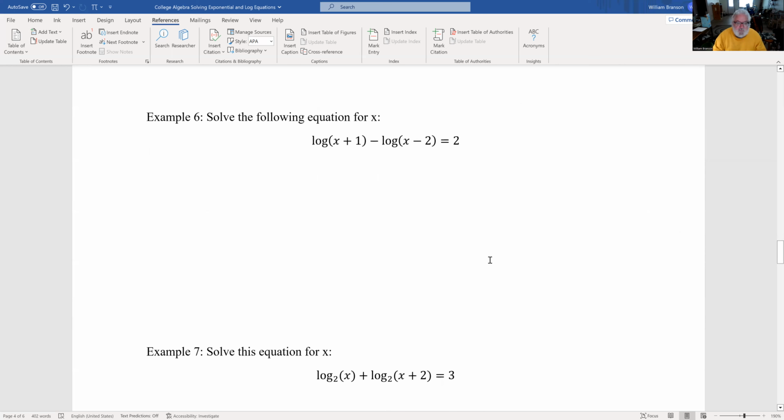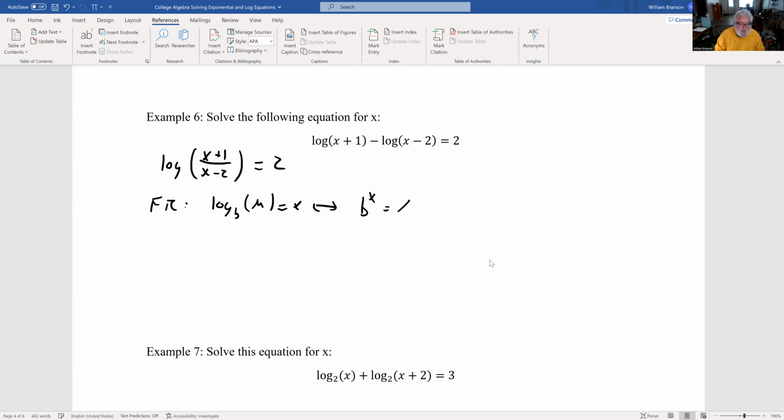Okay, so this one we need to prep a little bit. The subtraction tells me that this could be written like that. Fundamental rule again: log base b of m equals x means that b to the x equals m.